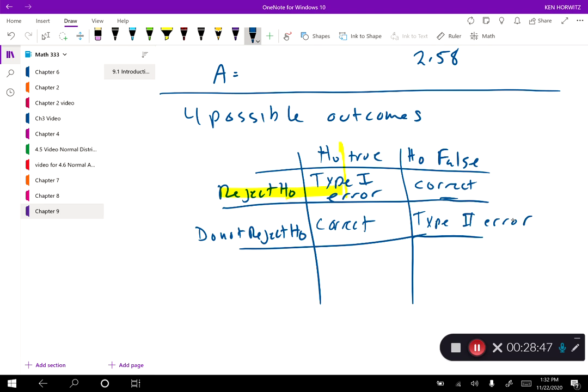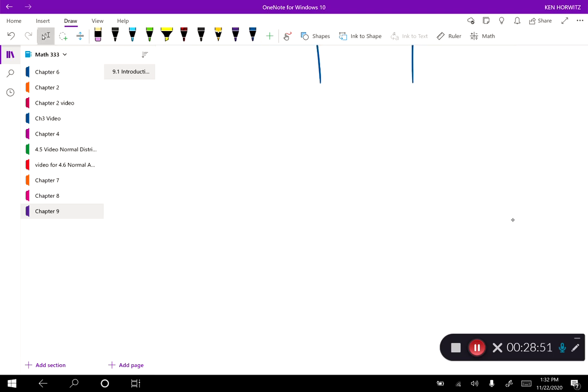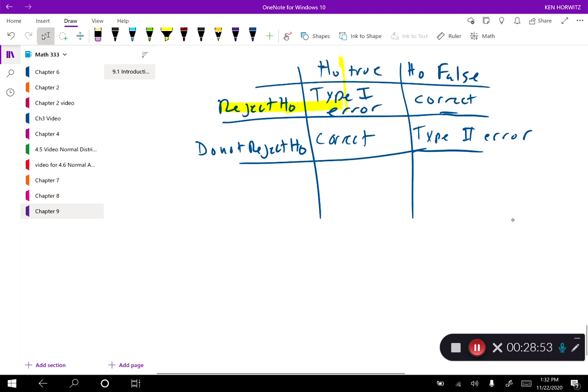All right. So now how do we represent our type 1 and type 2 errors?